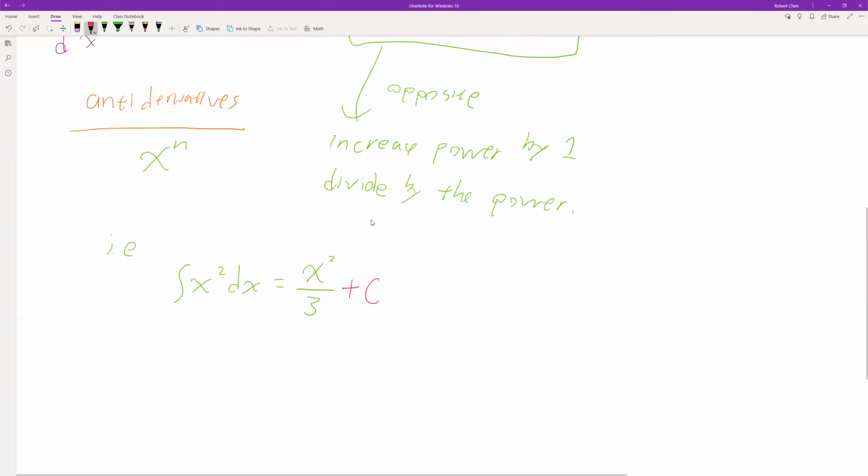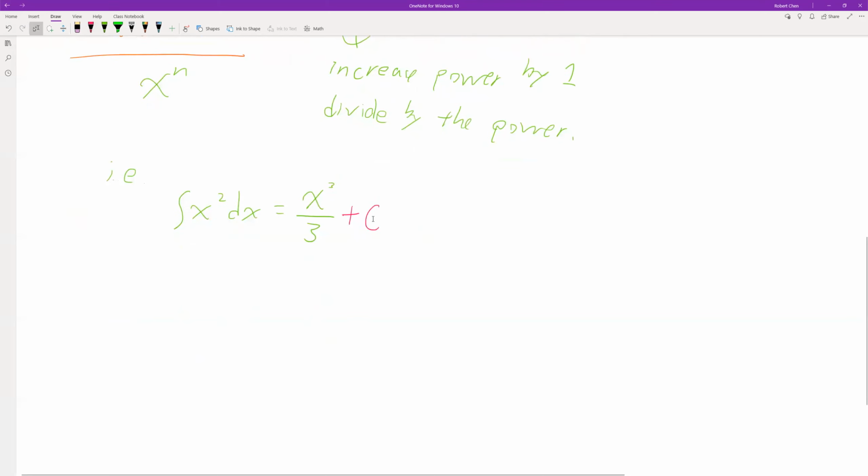Now this c is very subtle. You have to think a little about it to understand why there is a c. Let's say I have x cubed over 3 plus 1 and x cubed over 3 plus 2.